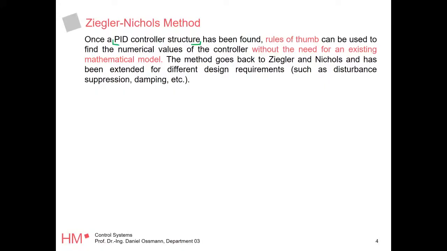So a PI controller would be good, right? And when you have the structure, rules of thumb are then used to set the numerical values without mathematical modeling, right? And why it's called Ziegler-Nichols, well, these were two guys who did a lot of controller testing and kind of came up with these methods.